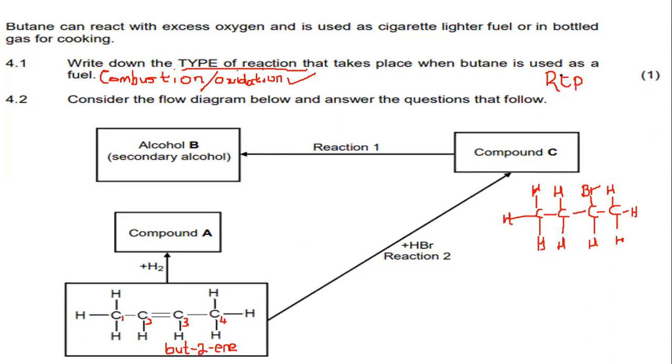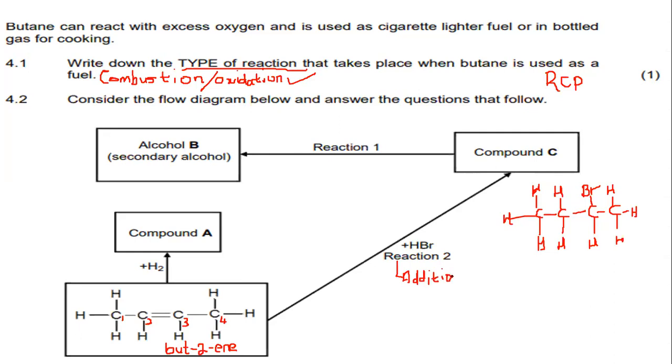And lastly, we need to show our conditions. Now, to figure out the conditions, my dear learners, you actually have to figure out what type of reaction is taking place first, and then we figure out that this type of reaction is an addition reaction. And we know why this is an addition reaction.